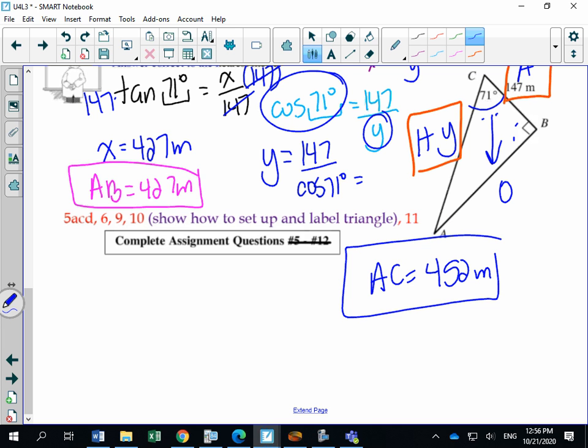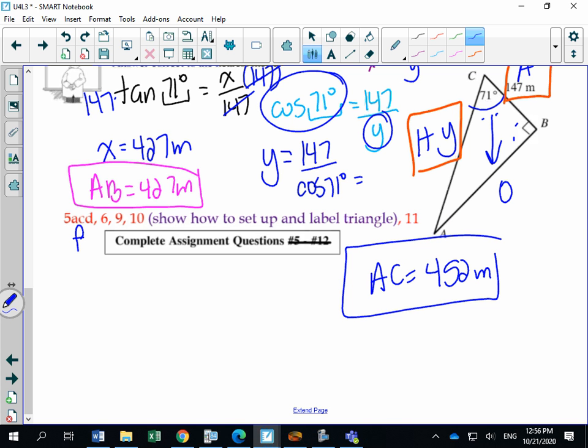Okay, let's get more questions circled. That's the end of this lesson, and then I'll give you some time, and then we'll do lesson 4. Number 5, ACD. You guys, can you circle? I'm actually going to add one. Can you circle ACD and F?